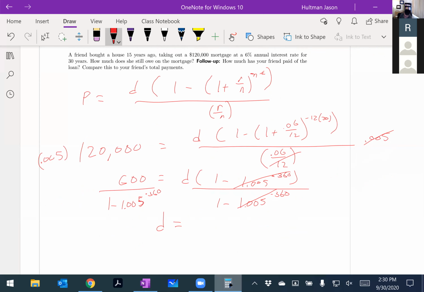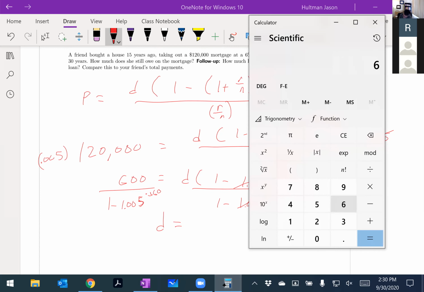So 600 divided by parentheses. Don't forget the parentheses, because it's everything on the bottom that we have to divide by.